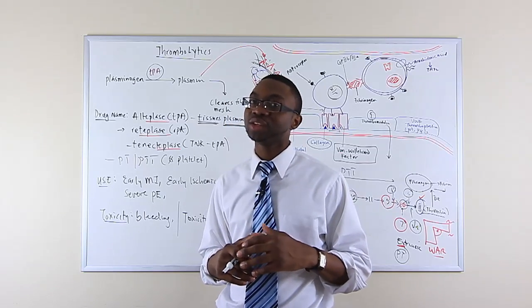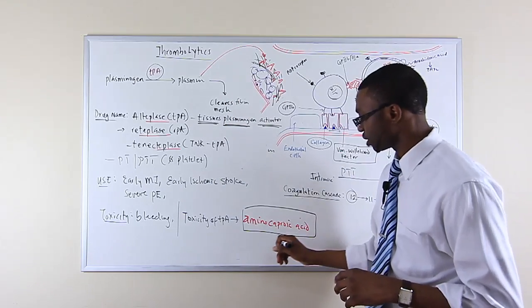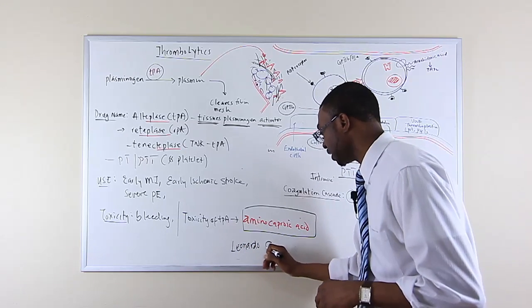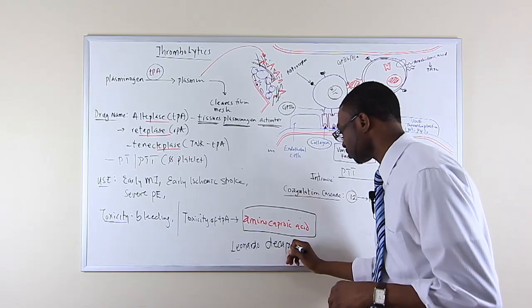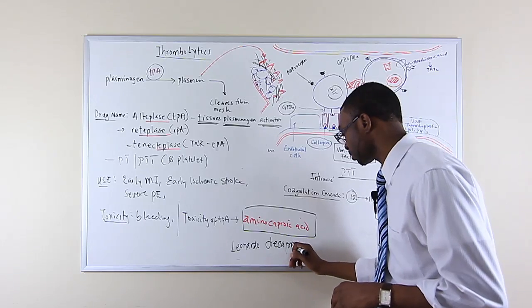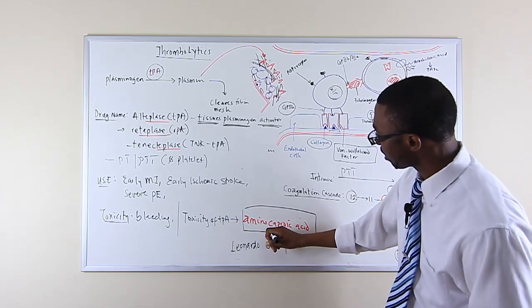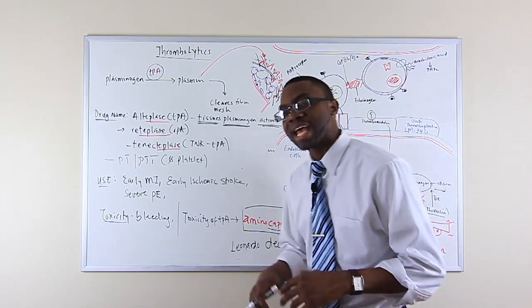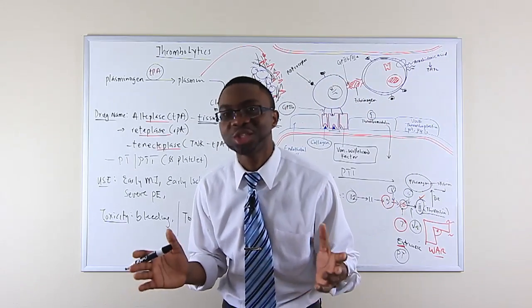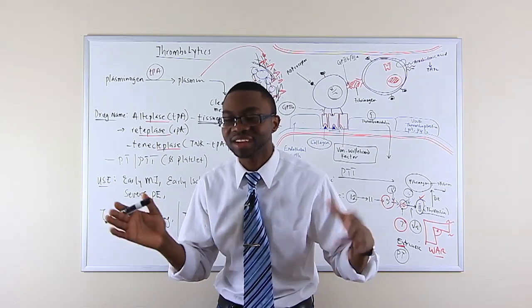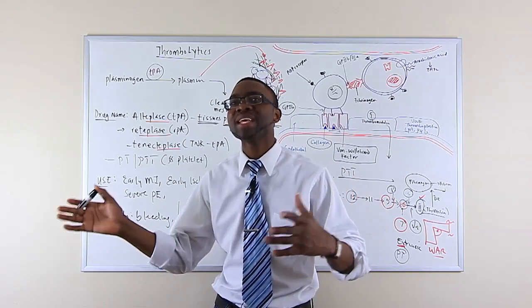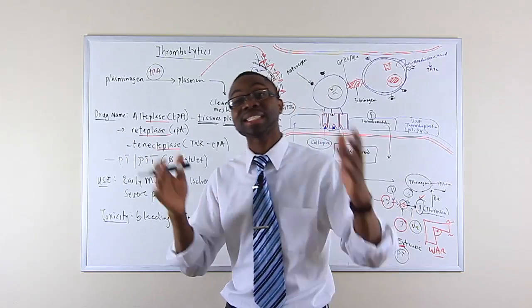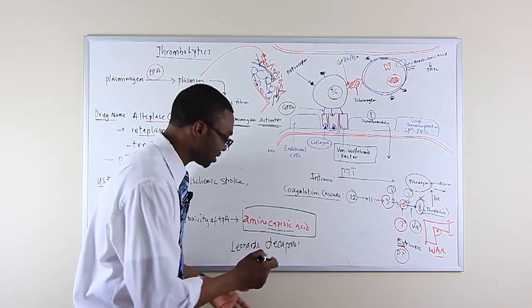His name is Leonardo DiCaprio. So I looked at the name and said, oh, Caprio, caproic acid. So that's the only time you will ever hear this drug. So whenever you hear it, think of the Titanic and think of tPA, because Titanic starts with a T and tPA starts with a T. That's how I remember it, okay?